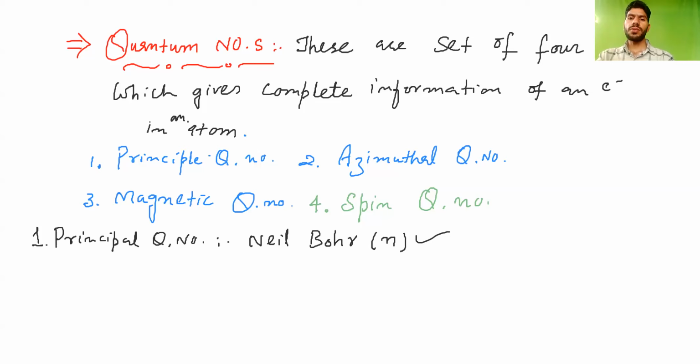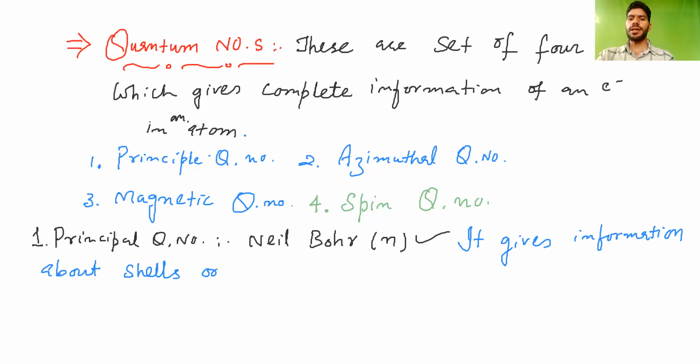And what information does it give? It gives information about shells, that is, the main energy levels. Shells are also known as energy levels.